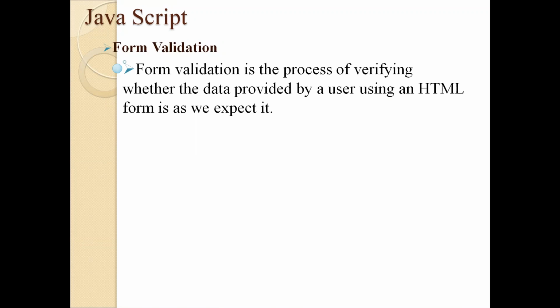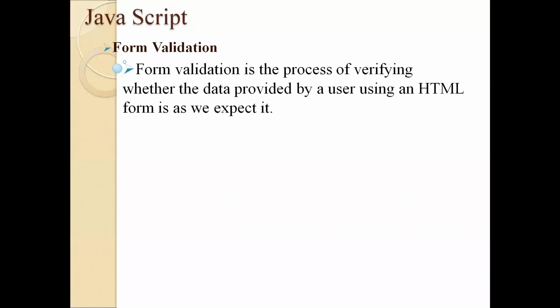Form validation is a process of verifying whether the data provided by the user using an HTML form is as we expect it. That is, if we ask the user to enter a phone number, then it should be 10 digits.